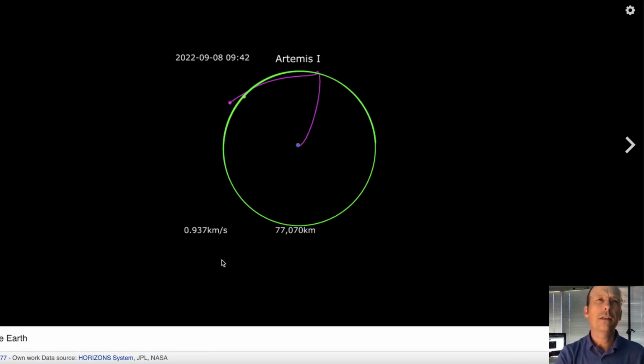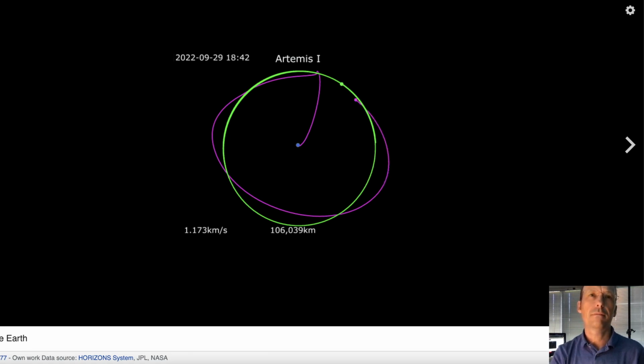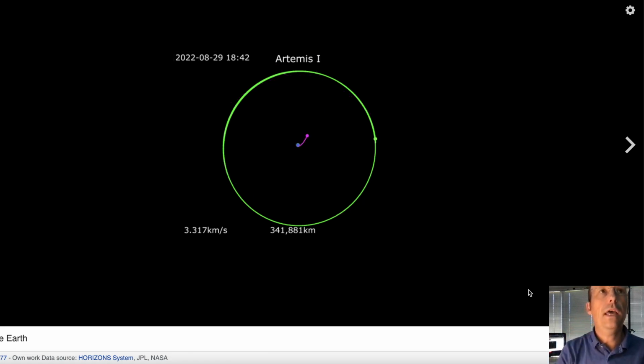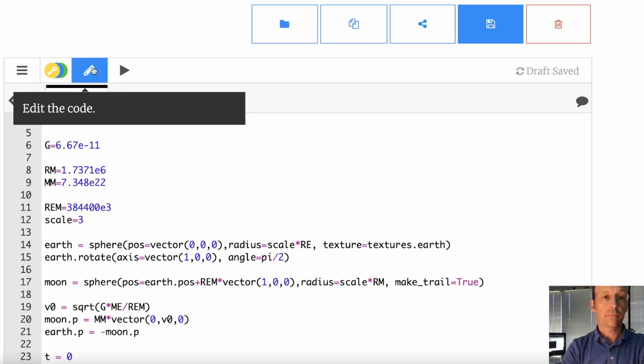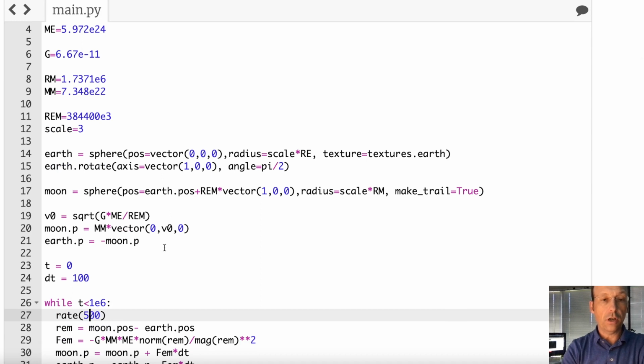I paused it, and I think I got 6 kilometers per second at the beginning. I'm going to use that, and we can change it. Okay. So let's jump back to Python. The first thing I need to do is to add Orion. So let's just call it Orion.